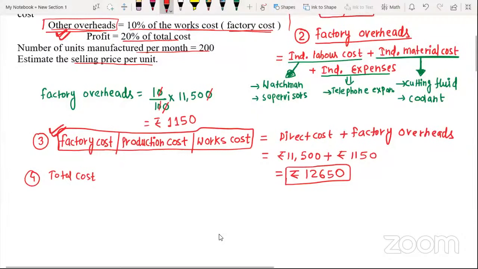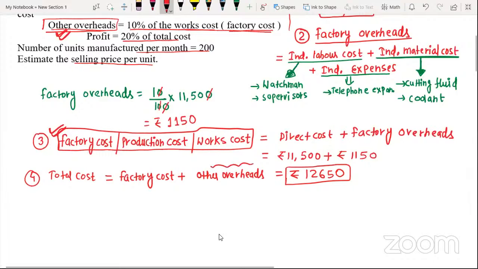So the total cost is basically the summation of direct cost plus factory overhead plus other overhead. So it is basically the summation of factory cost plus other overheads.